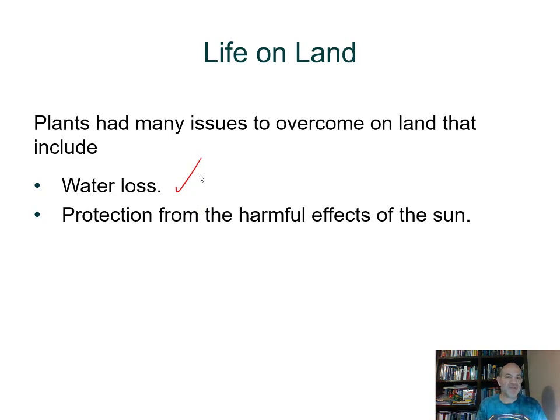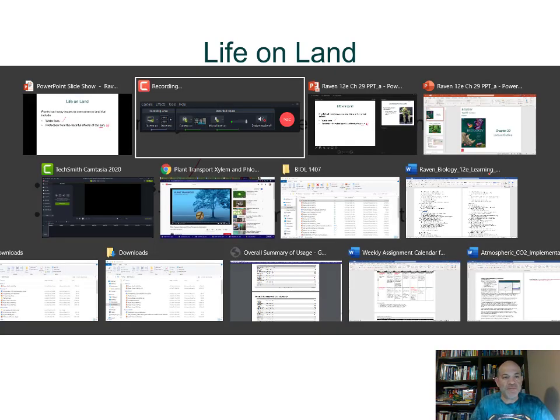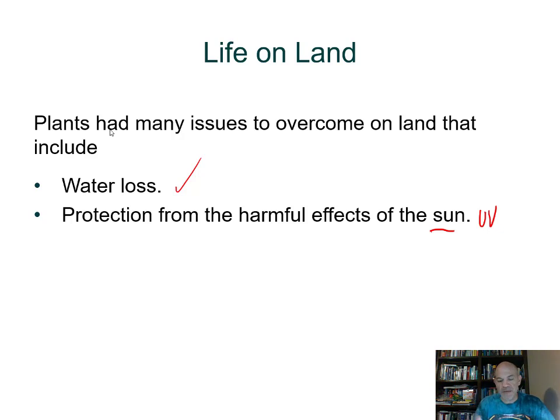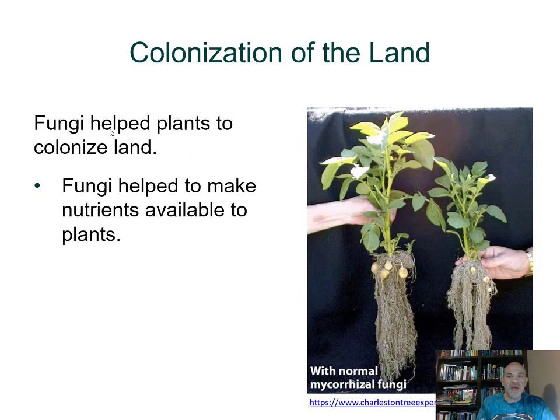So they need that protection from water loss, and then they also need protection from the harmful effects of the sun, specifically ultraviolet light. And so those are a couple of issues that the plants need to deal with, because when you're in the water, the water does provide some protection from that radiation from the sun.